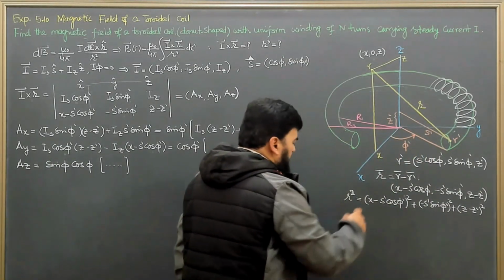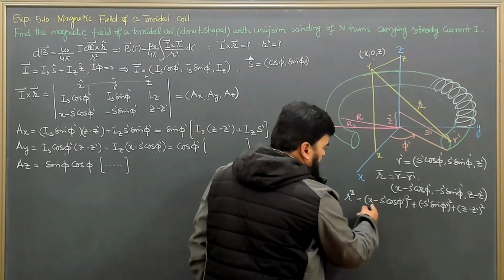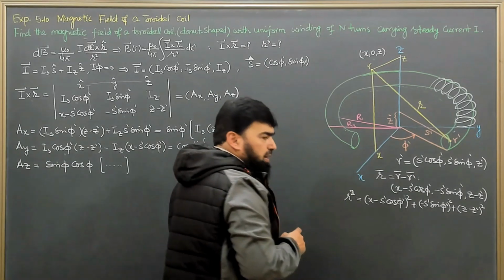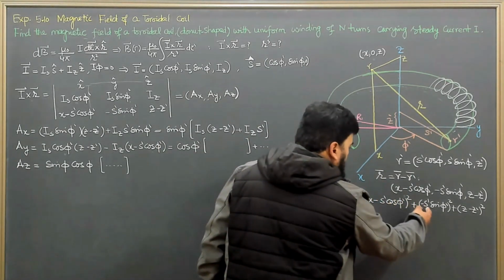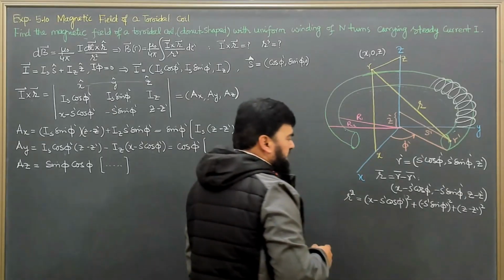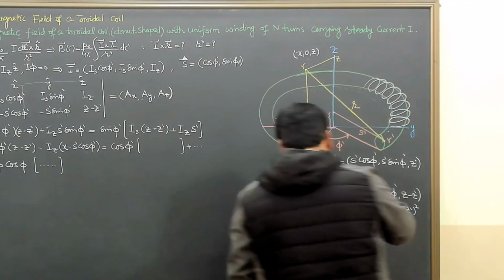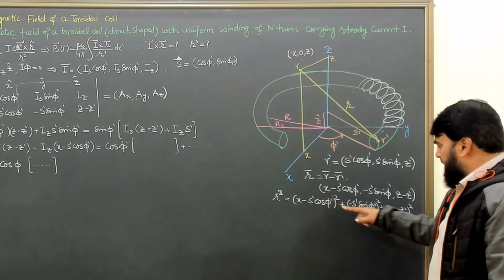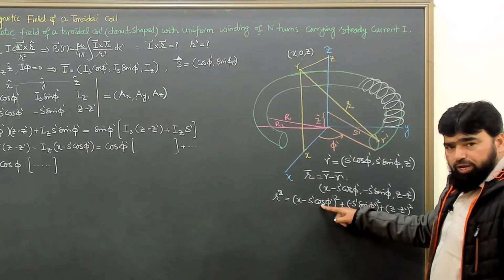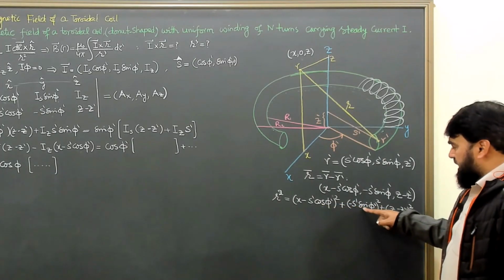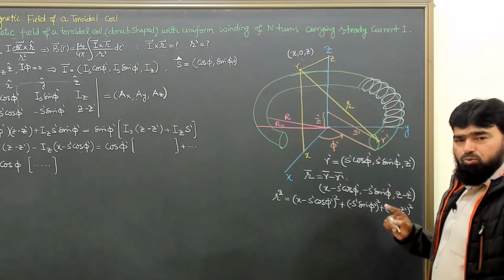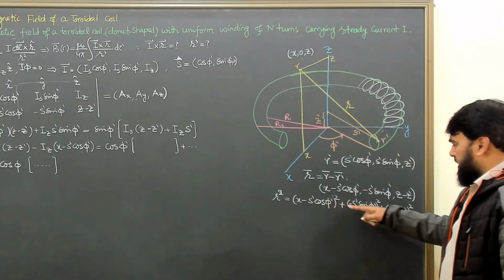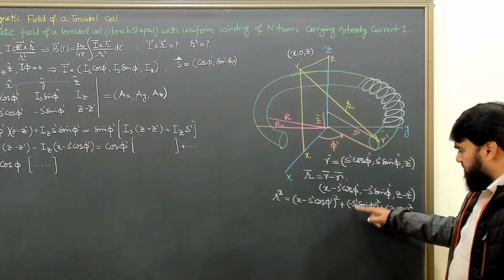Now look here, this will become x squared, and here it will be s prime square cos square phi prime. This will be s prime square sine square phi prime. So these two, this one plus this, will become s prime square, and cos square phi prime plus sine square phi prime will come out to be 1. Sine square x plus cos square x equals 1. So we will have x square and we will have s prime square from here.